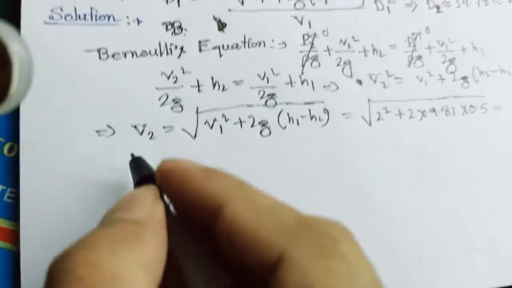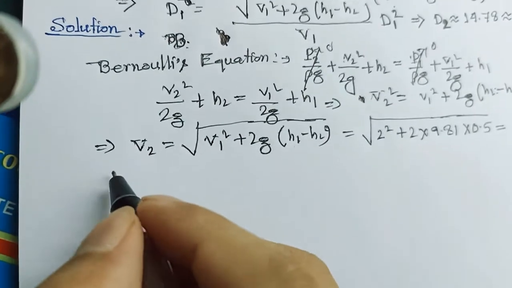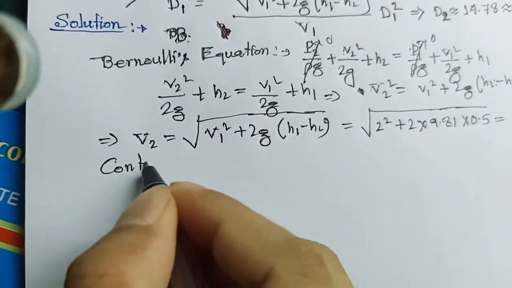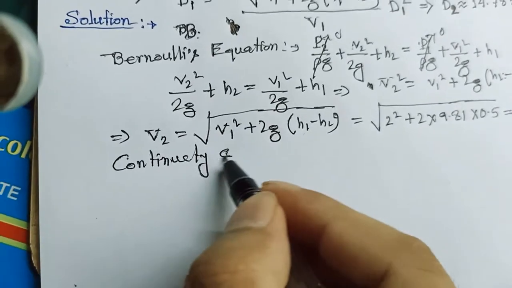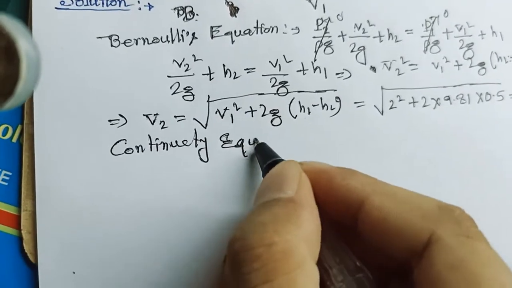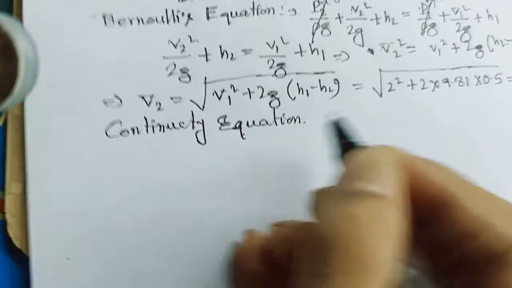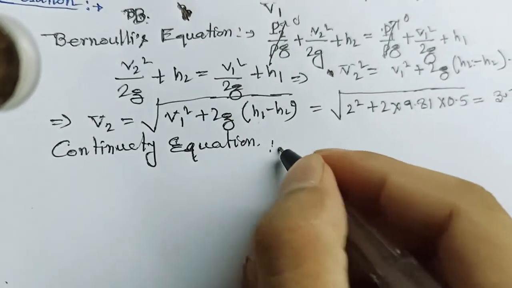Now we'll consider the continuity equation. From the continuity equation, as you know, A1 V1 equals A2 V2.